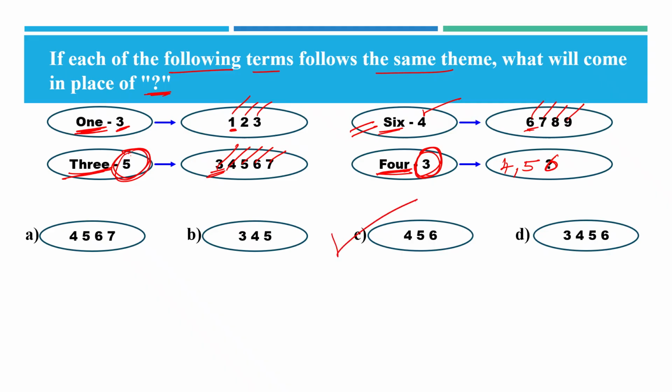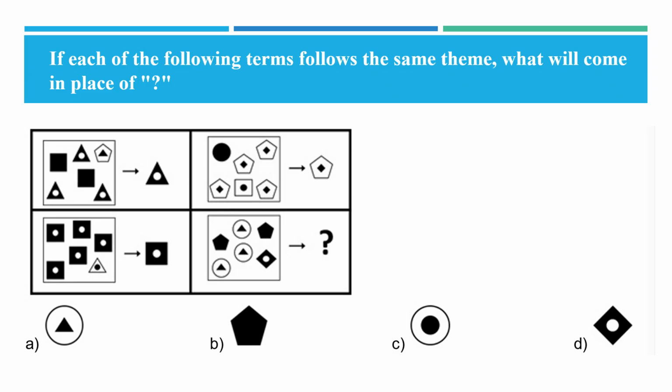Great. Okay, the next question is, if each of the following terms follows the same theme, what will come in place of the question mark? Here I have a triangle with a circle in it, and there are 3 such in the given square, and that is the highest in number. The same is here.